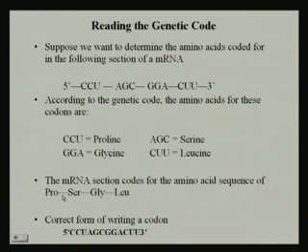We can write proline, serine, glycine, leucine, but when writing the actual codons we write 5 prime CCU AGC GGA CUU 3 prime. While writing the codons, there should not be any punctuation, any comma, full stop or dash. This is the correct way of writing the codon.